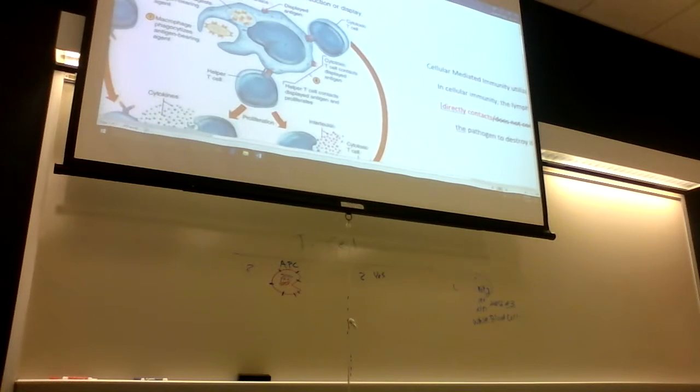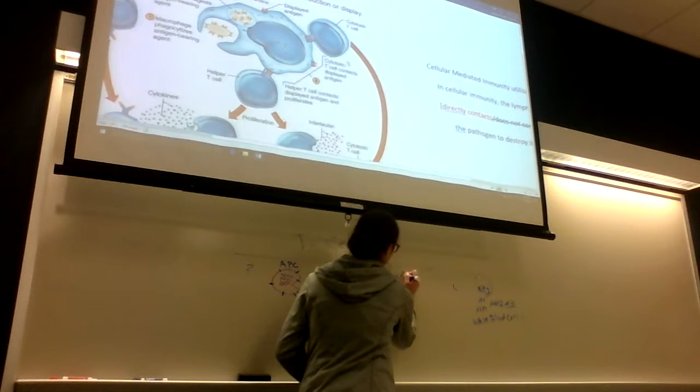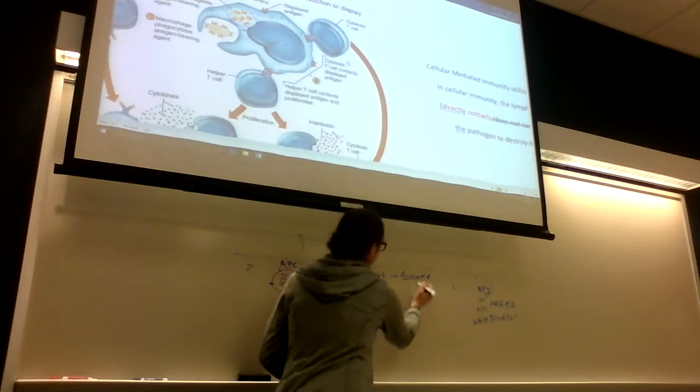These little yellow things are the antigen-presenting cell showing. The cytotoxic T cell connects, and the helper T cell also connects. So this activates the helper T cell and the cytotoxic T cell. So yes, these then become activated because of the antigen-presenting cell.